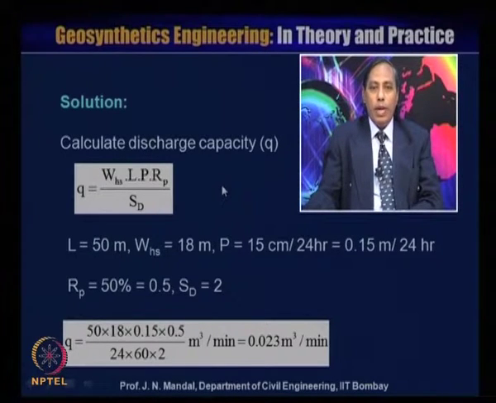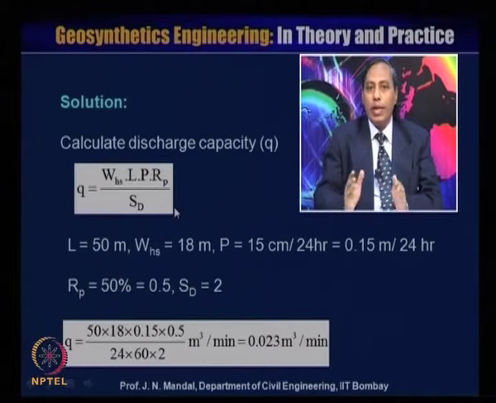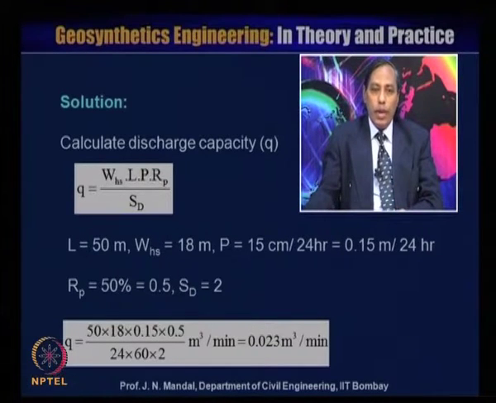First of all, you have to calculate what should be the discharge capacity Q. So, you can apply this equation, Q is equal to WHS into L into P into RP divided by HD. L is given 50 meter, WHS is given 18 meter, P is given 15 centimeter per 24 hour, that means this will be 0.15 meter per 24 hour. RP is given 50%, that is 0.5, and HD is 2 shoulder drains, that is why HD is 2.